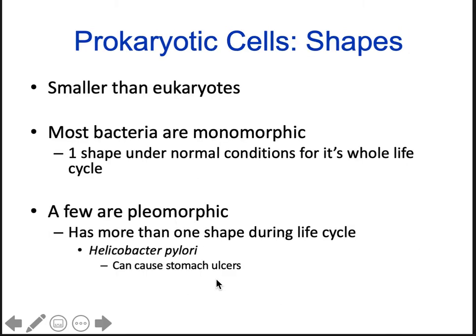Okay, so when you're looking underneath a microscope, how would you know if you're looking at a eukaryote or a prokaryote? Well, one thing you could do is look for a nucleus, and if you see a nucleus, you know you have a eukaryotic organism. But another very fast and easy way to distinguish is that eukaryotes are going to be much, much bigger. So prokaryotes are much, much smaller. And I have an image of that later on in this presentation.